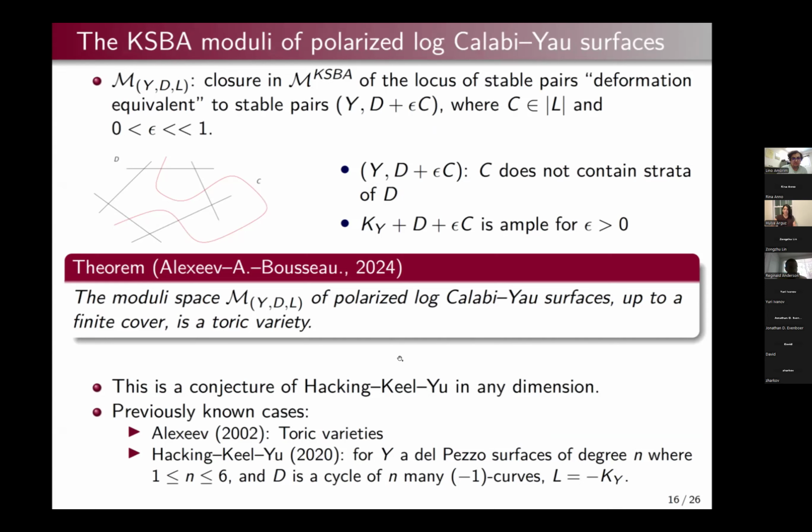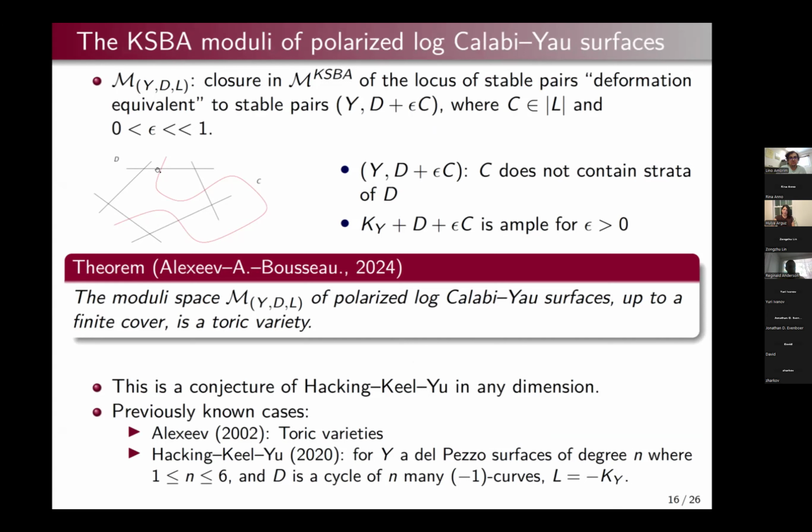In the non-toric situation, you're looking at stable pairs (Y, D, L), pairs Y with the divisor you take as D plus epsilon C. There are 2 conditions you need to satisfy by the definition of the KSBA moduli space for such a pair to be in it. First is the singularity condition: it needs to have SLC singularities, and this is about avoiding the strata.